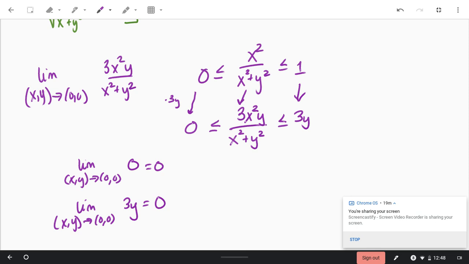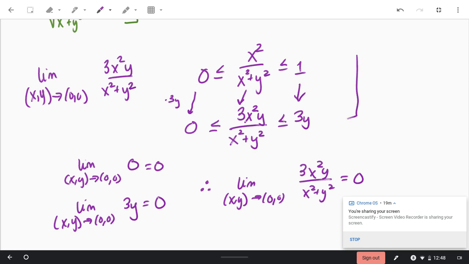Therefore, the limit as x, y goes to 0, 0 of 3x squared y over x squared plus y squared must also equal 0. You need to make sure that you're showing that kind of hierarchy here. You need to show the limits of the low one and the high one, and then you can find the limit of the middle one.